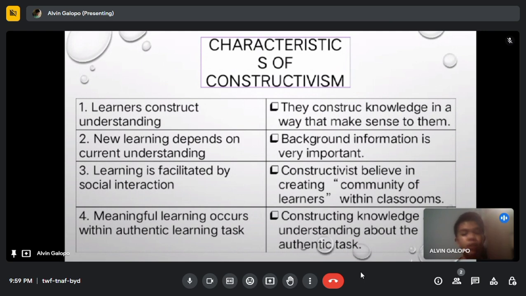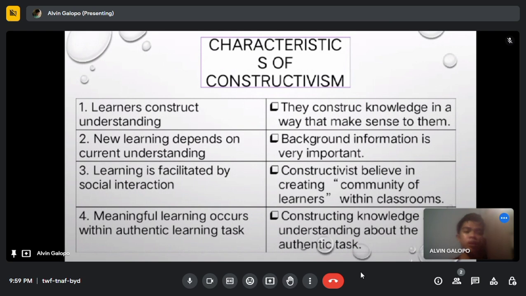Now the last characteristic is that meaningful learning occurs within authentic learning tasks. Here, we can only achieve meaningful learning if we allow ourselves to engage in different authentic activities.